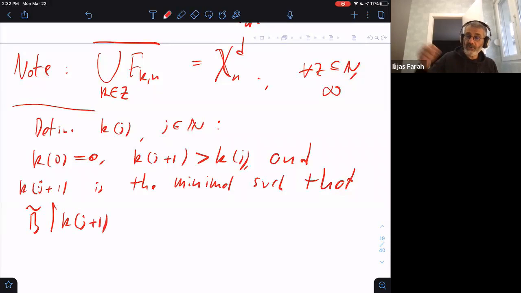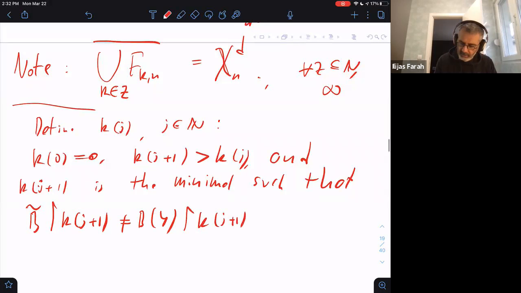Remember, b tilde was this branch which was leaving all those countably many branches. This is different from b of y restricted to k of j plus 1 for all yb in the union and less or equal than k of j.